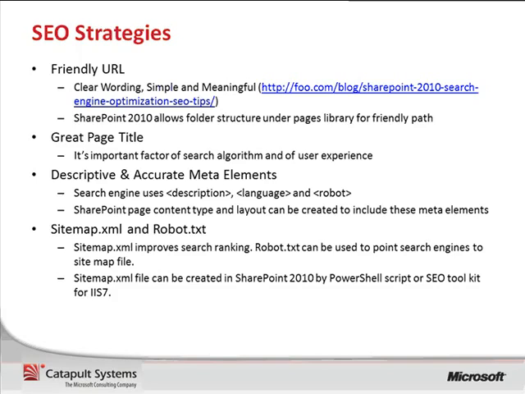Next is a great page title. It's a really important factor in search algorithms. You want to make sure that your pages have a very descriptive and clear title. And search engines usually take into account the first characters of the page title that you give to your page.